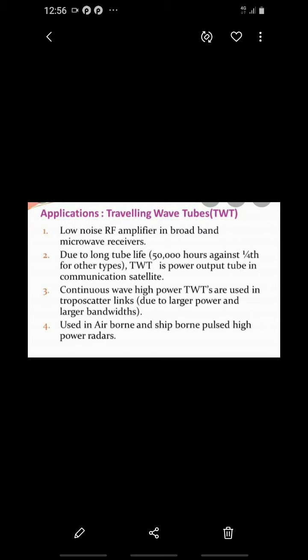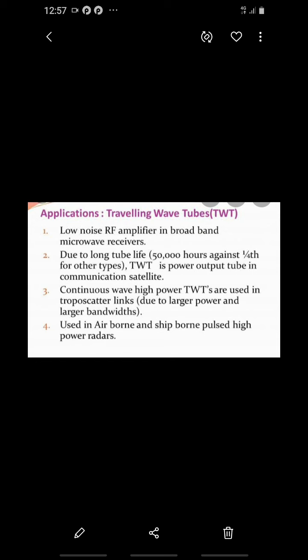Next, applications of TWT. Traveling wave tube is a low noise RF amplifier in broadband microwave receivers.